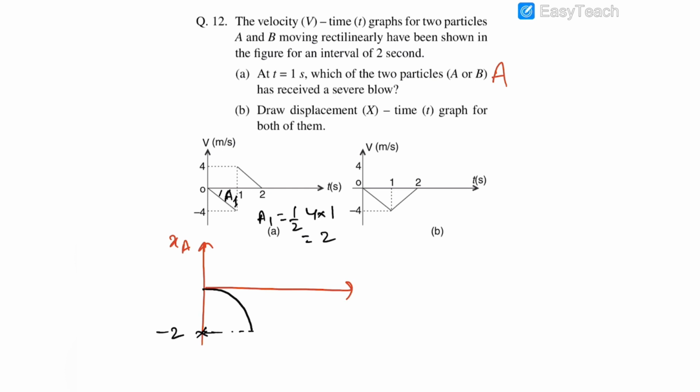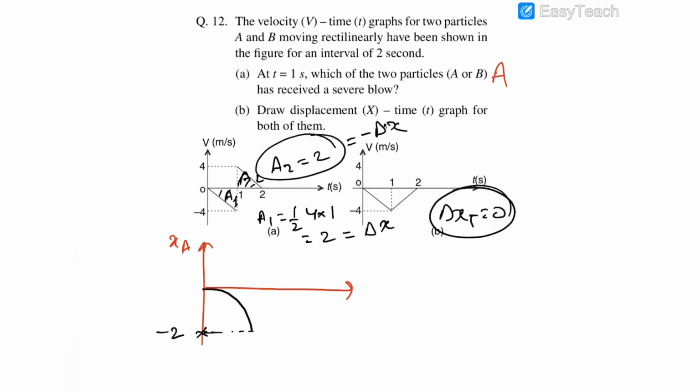And you can see that the area A2 is also equal to 2, but A1 represents positive change in velocity and A2 represents negative change in velocity, which means positive change in displacement and negative change in displacement, so the total change in displacement is 0, and the particle will return to its initial displacement, which was 0.